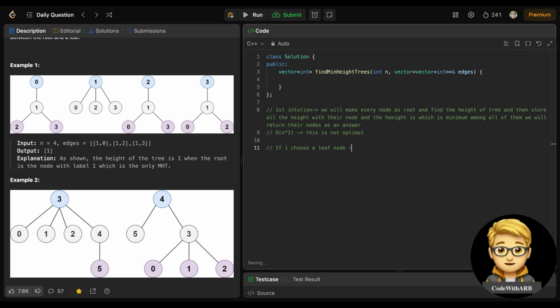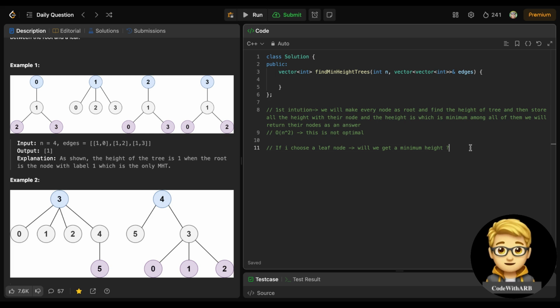Just think like that. If I choose a leaf node, will we get a minimum height? Think on this. No, we don't get a minimum height. We will get a maximum height if we choose a leaf node.